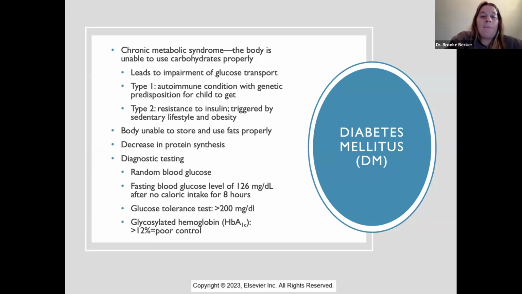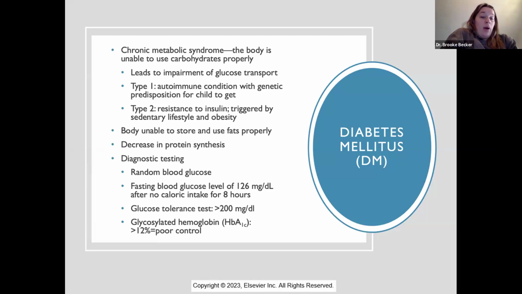Okay. If you do a glucose test and it's over 200, that's a diagnosis of diabetes. Or a glycated hemoglobin, a hemoglobin A1C, is probably the most common type of diagnosis. That's looking at your average blood sugars over a 3-month period. If it's 12 or higher, then that's a diagnosis of diabetes as well.